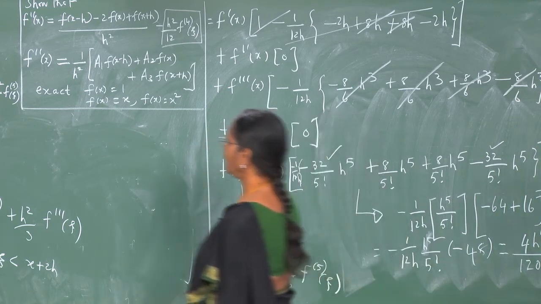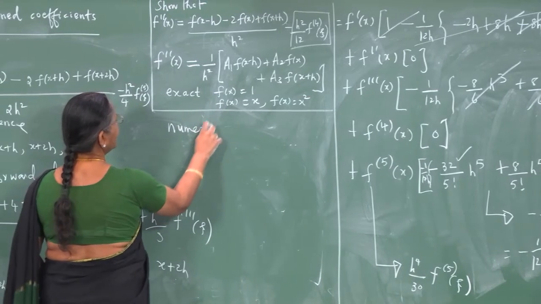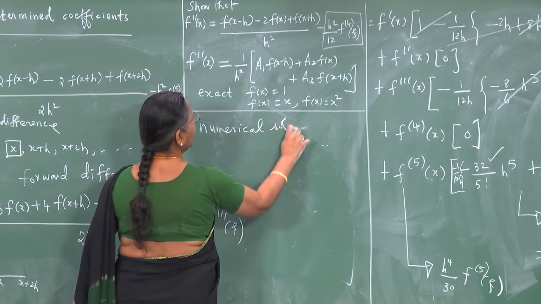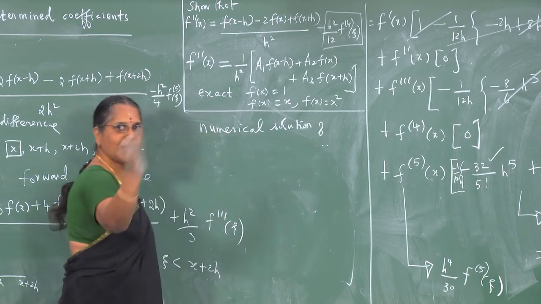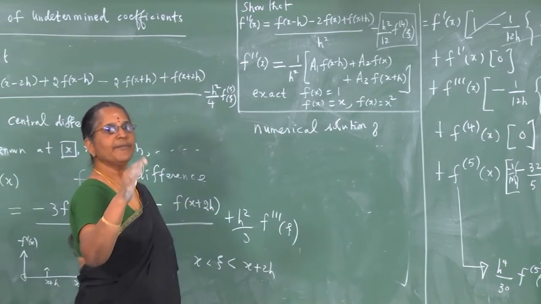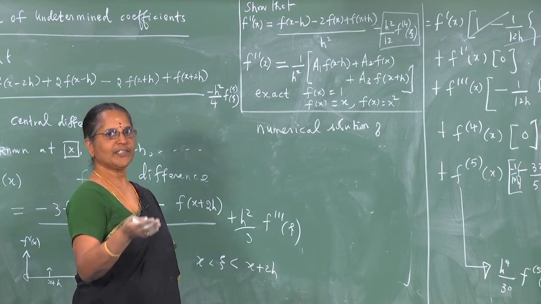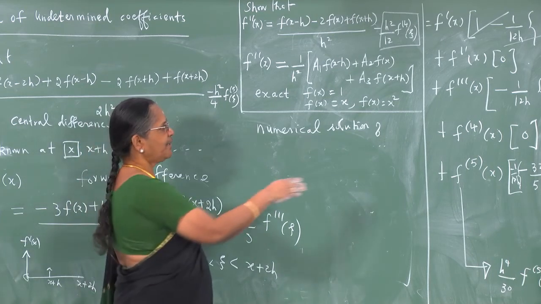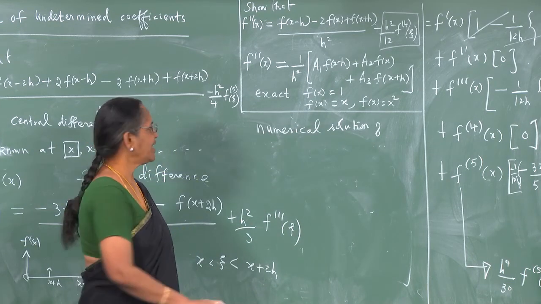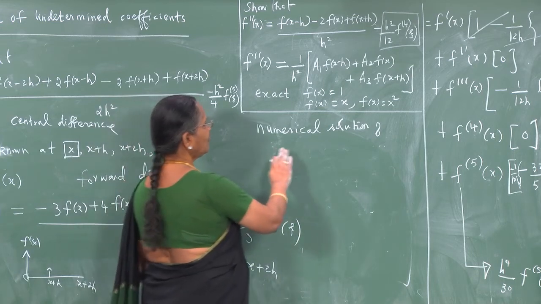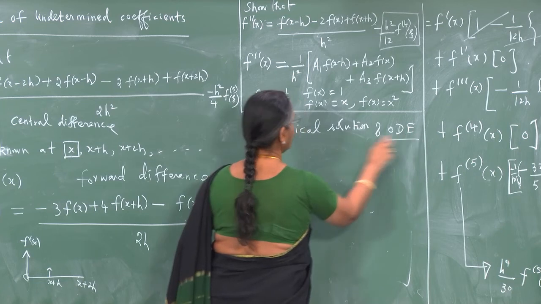These formulas are going to be very useful when we take up the numerical solution of differential equations, either ordinary differential equations or partial differential equations. But in the case of partial differential equations, we will have to obtain an approximation for a partial derivative. What we have done in today's class will be very useful for us in the numerical solution of ordinary differential equations.